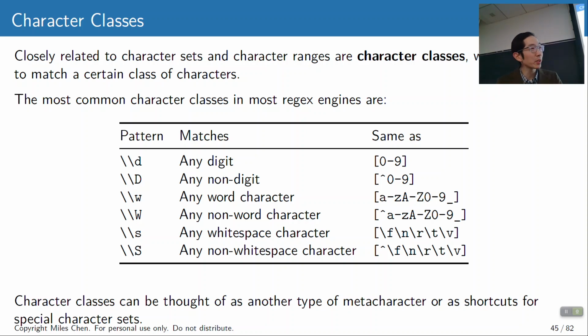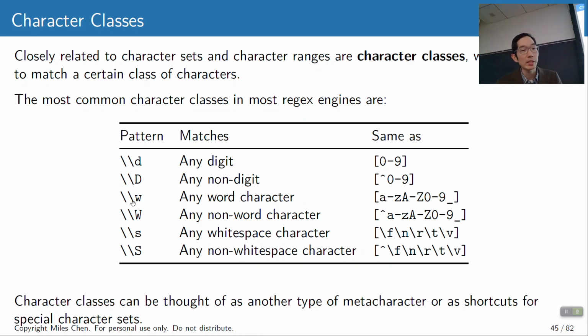You just have to remember three letters, D, W, and S. D for digit: lowercase is that character set, and the capital is the negative, what we don't want. So backslash d is anything that's a digit, 0 through 9. Backslash capital D is anything but a digit.